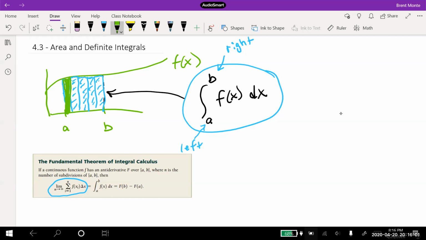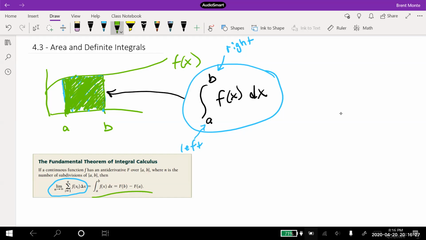So eventually I'm filling in all that area exactly, with no gaps, all the way up to the top. That's enough. We get the idea. So that area is going to become exactly this definite integral.